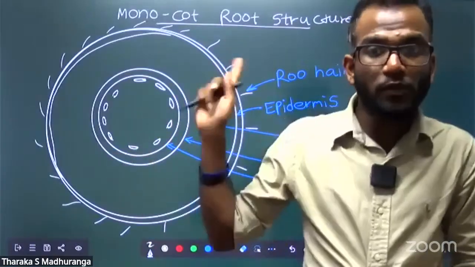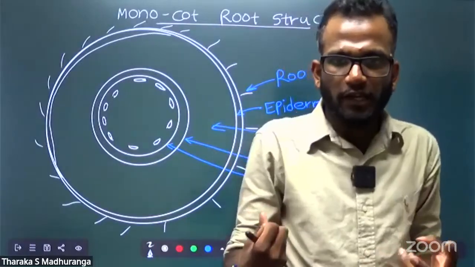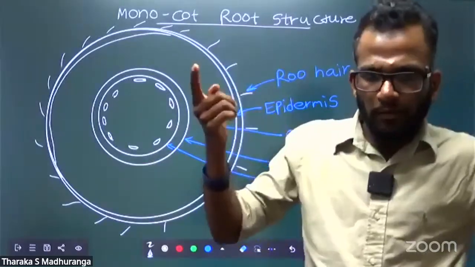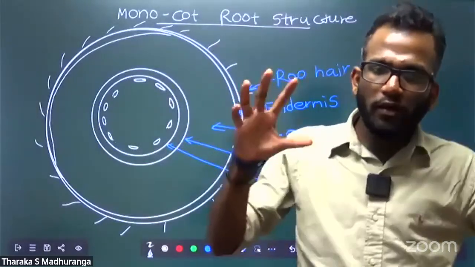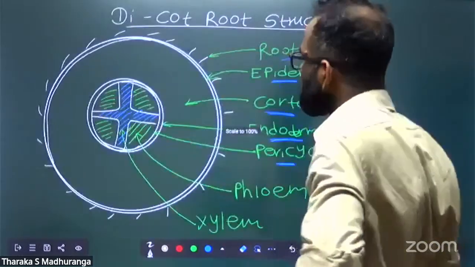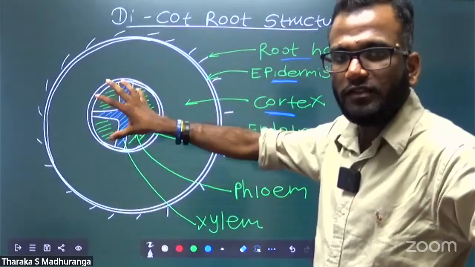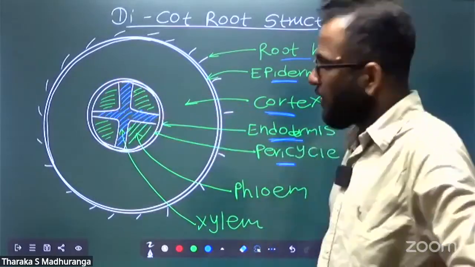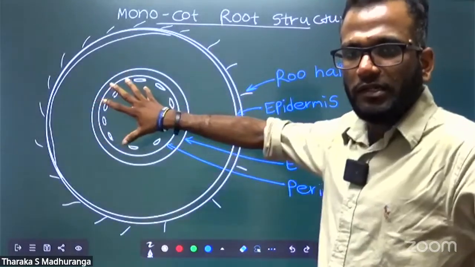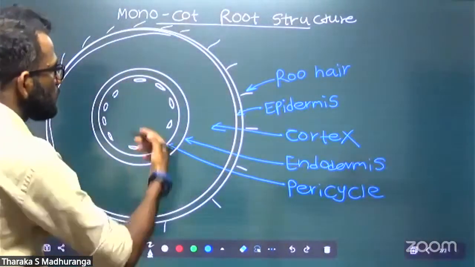We are discussing the root. In the dicot plant, the xylem and phloem are perfectly differentiated and organized. But in the monocot structure, it is not perfectly organized or differentiated.